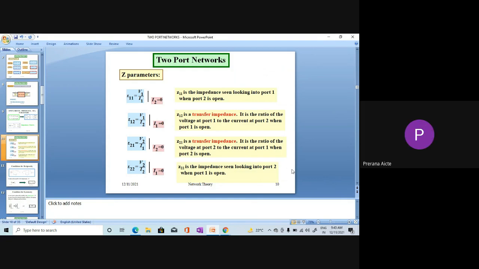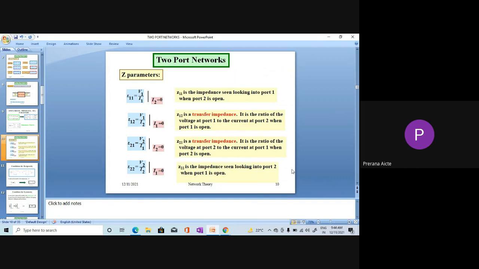So in this way, you are going to solve your Z parameter equations. When we take a simple problem, you can understand easily how the Z parameters are achieved. But in the examination, if they ask for Z22, you have to consider equation 2. If they ask to find Z11, you have to consider equation 1, because your Z11 value is available in equation 1.